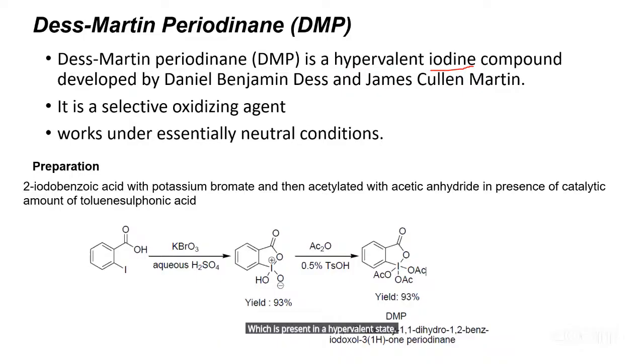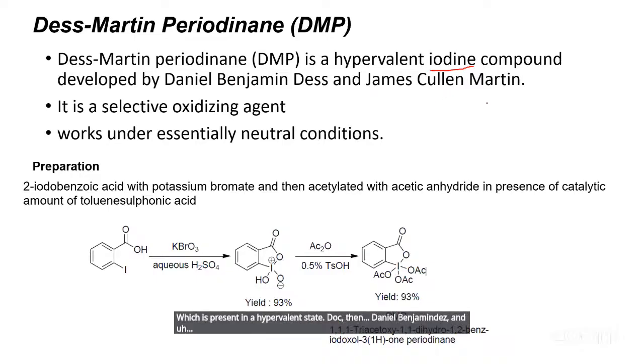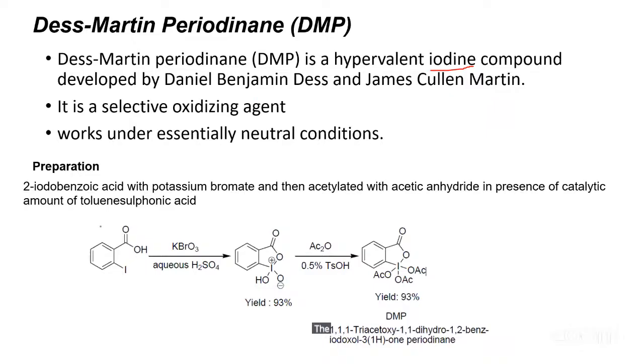Daniel Benjamin Dess and James Martin prepared the reagent from ortho-iodobenzoic acid. This iodine, when treated with potassium bromate and further acylation carried out by using acetic anhydride, gives the formation of DMP.